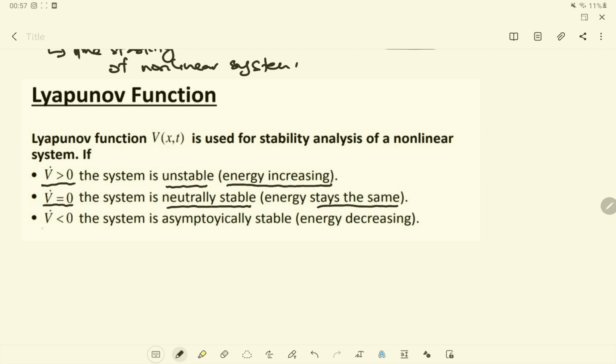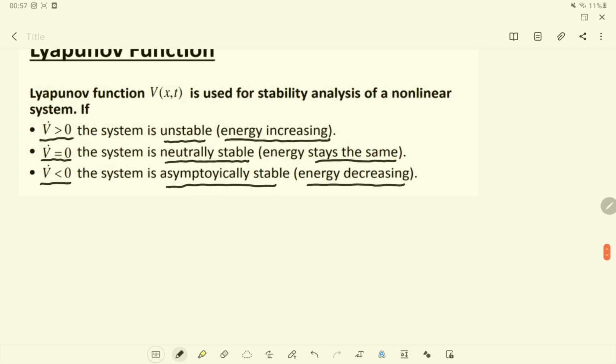The third one, V dot less than 0, the system is asymptotically stable or the energy is decreasing. As you can see, Lyapunov is based on the energy equations.